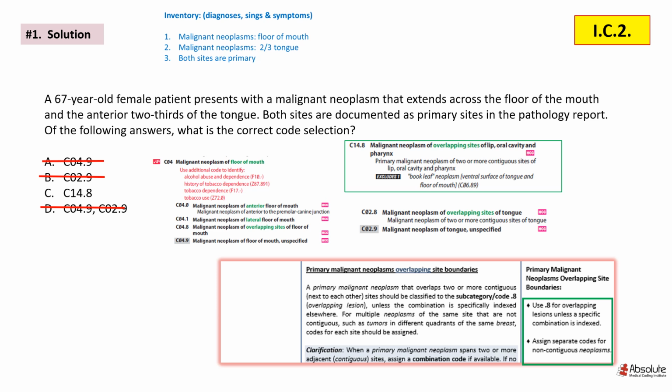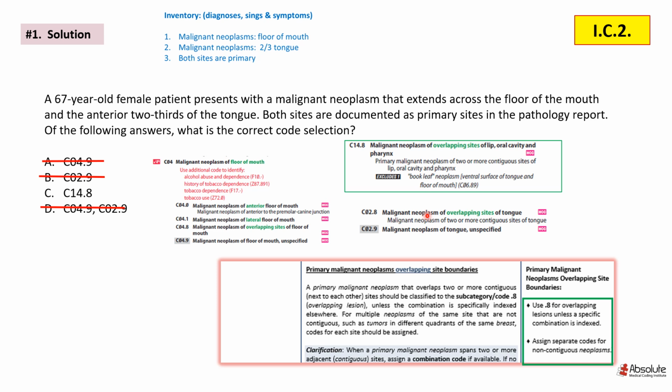Let's review this code. It says malignant neoplasm of overlapping sites of lip, oral cavity, and pharynx. So the tongue and the mouth are part of the oral cavity, but it is the supplemental language down here that says primary malignant neoplasms of two or more contiguous sites of the lip, oral cavity, and pharynx.